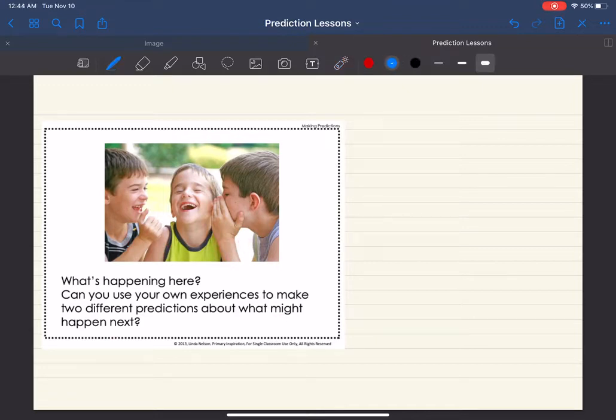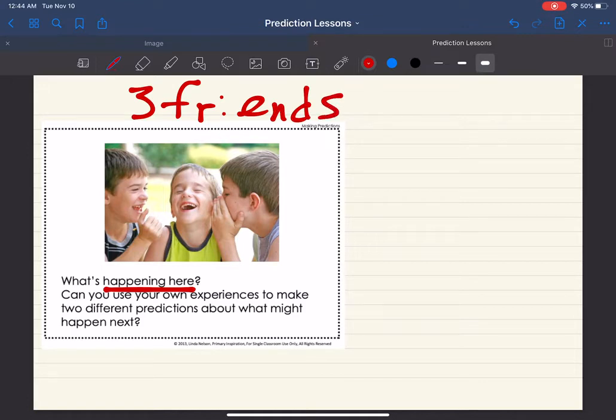First of all, let's look at what's happening. I see three friends, and these three friends are talking, they're laughing.